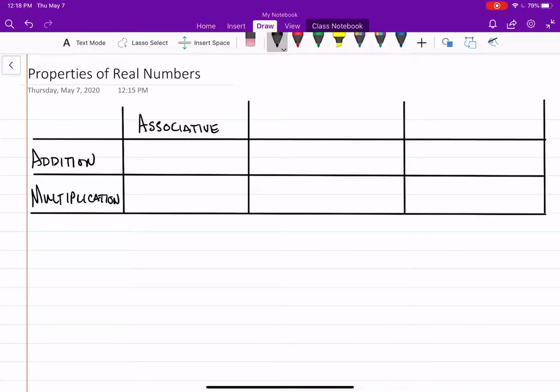So associative, the word in associative is associate, right? It's about who you associate. With addition, it just means that we can associate the different numbers, yet the results are still going to be the same.